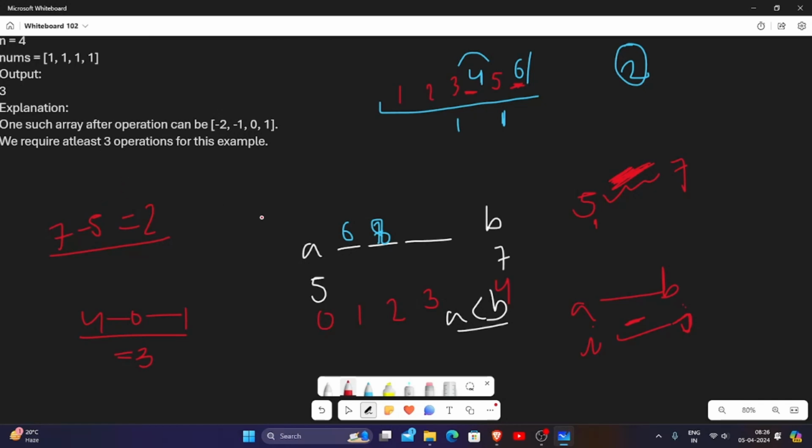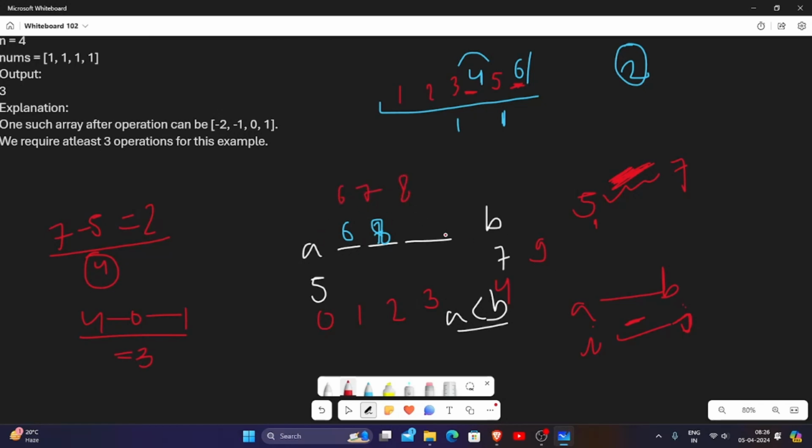Ideally, in order to fulfill those values, the difference should be greater than my required values. Let's say this was not 7, this was 9. Then 9 minus 5 would be 4, and the values we needed here were 3. This would be an ideal case, because now I would put 6 here, 7 here, 8 here, and I have 9 here.